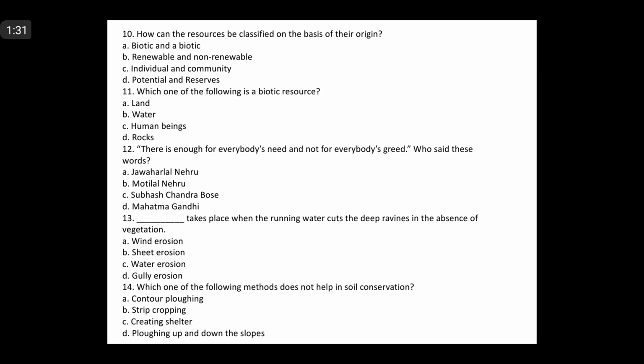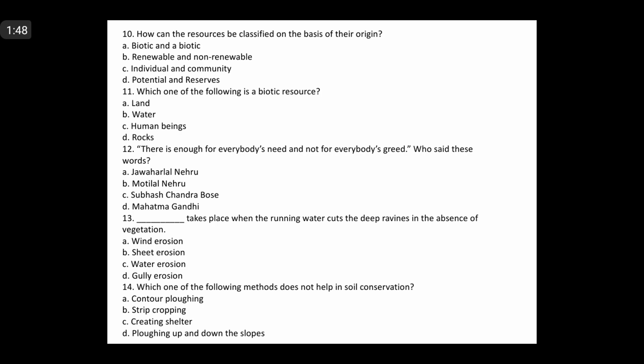Okay. Now there was question number 12: there is enough for everybody's need and not for everybody's greed. Who said these words? We have discussed while discussing conservation of resources that it was Mahatma Gandhi.